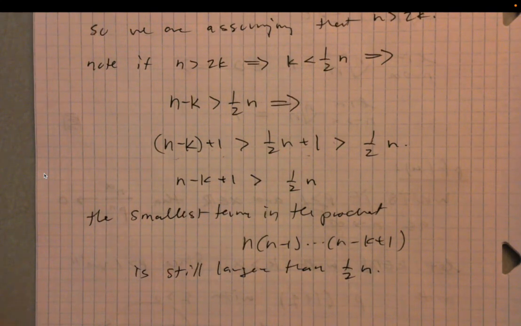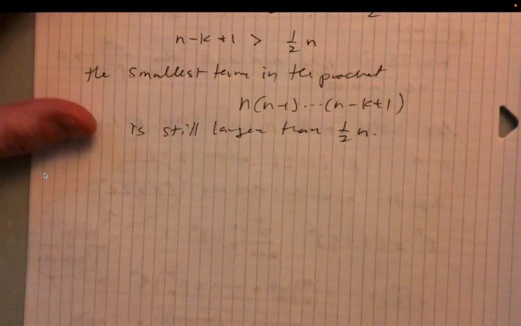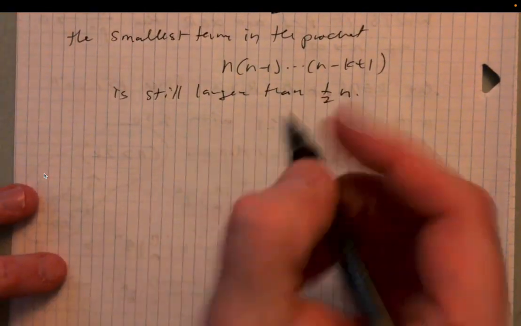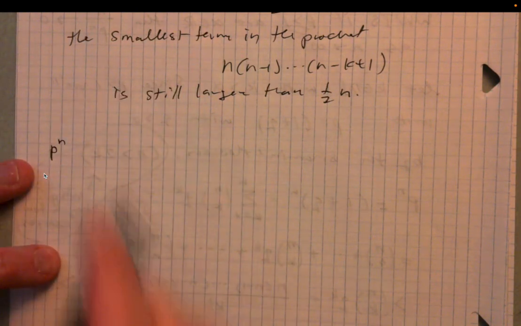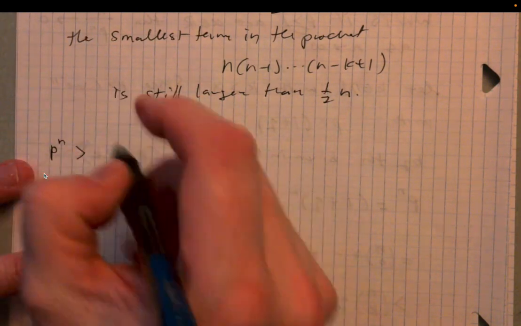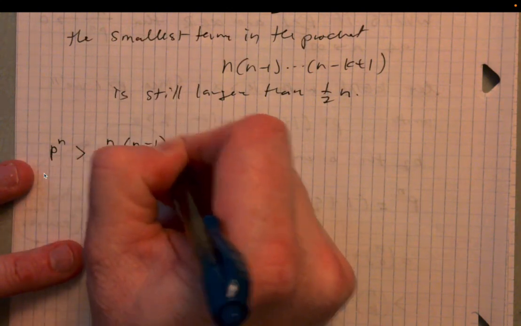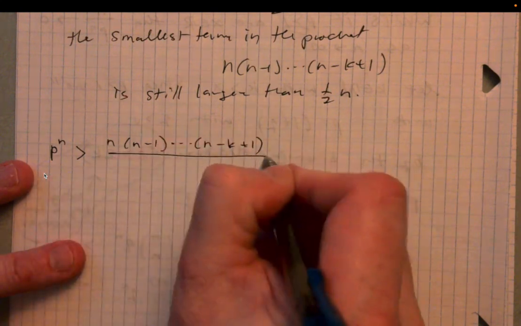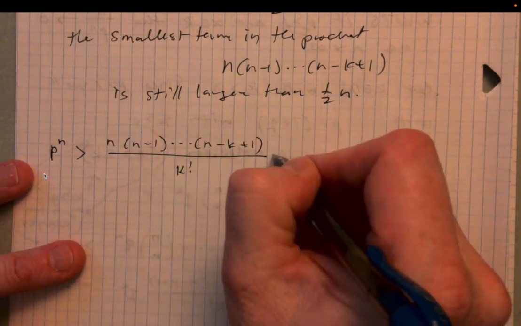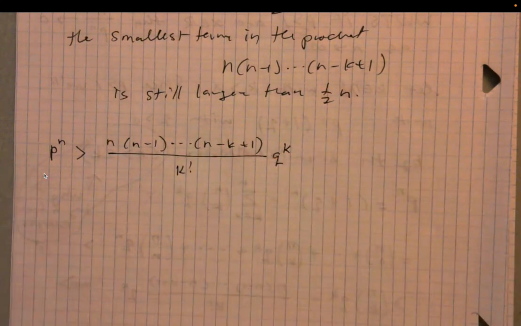All right, so we're going to use that fact, and it's going to be very key to the proof. What we got above is that p to the n power is greater than n times n minus 1 dot dot dot n minus k plus 1 divided by k factorial times q to the k power.